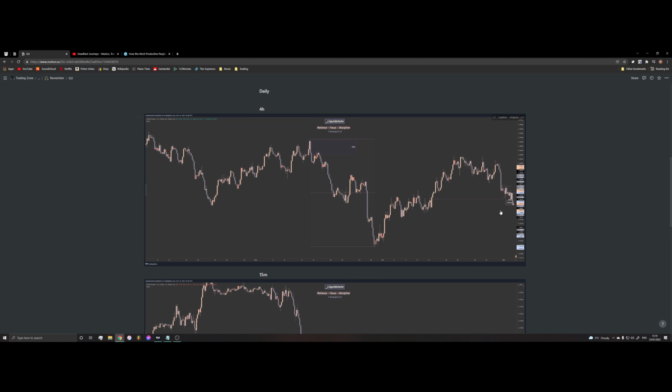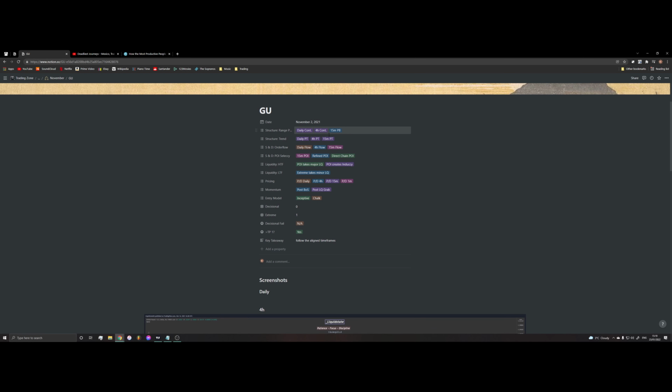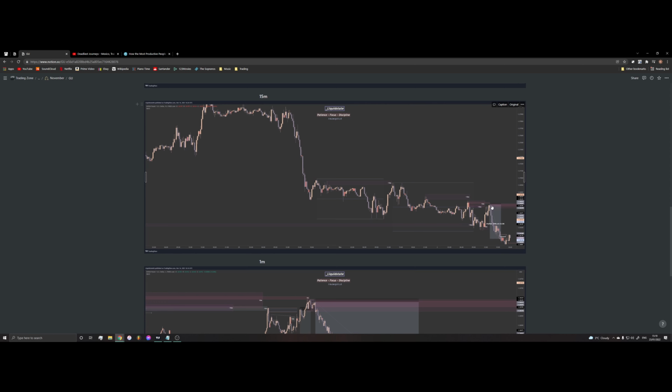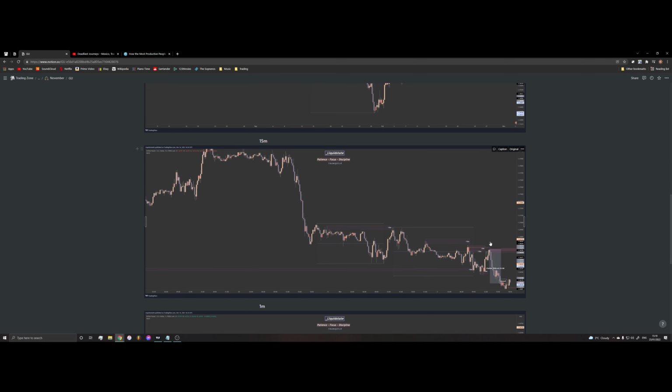So we're in the daily continuation phase. 4 hour same, 15-minute is pullback, because at the time of the trade we had our 15-minute leg down to here after breaking this low, and then we were pulling back as I entered the trade, which was the top of the pullback. So that was the phase that we're currently in.